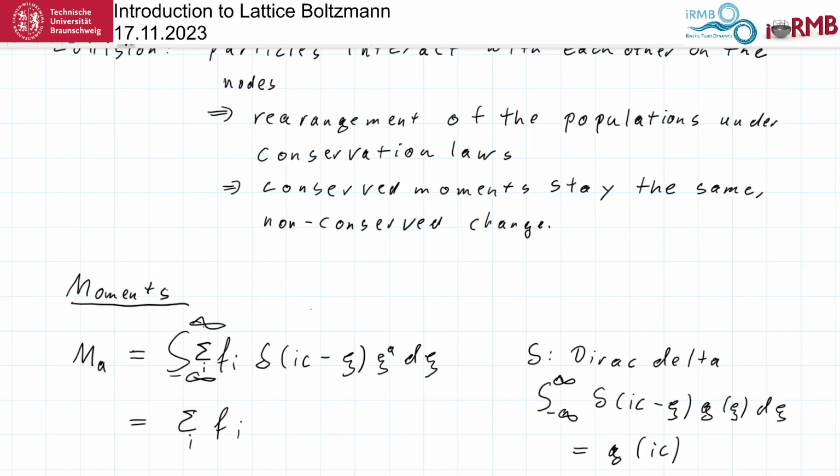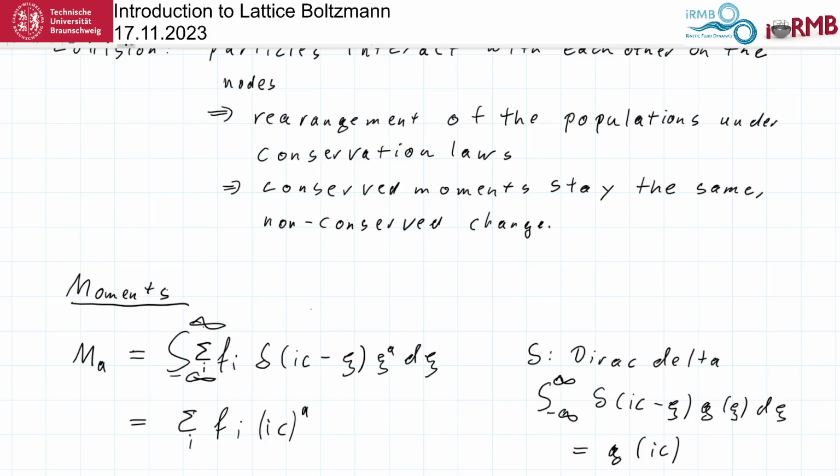All the populations that we have in our system, we sum them up. And what we come out with is, the function that we use is ξ_i to the power of A. So this will give us f_i times c_i to the power of A. So this is the moment that's coming out.